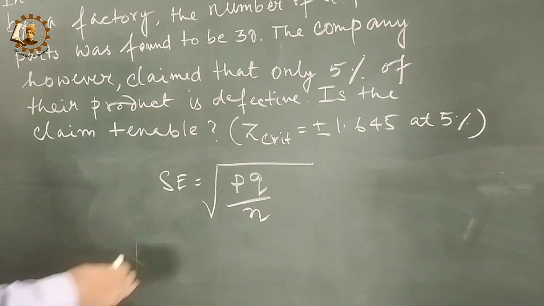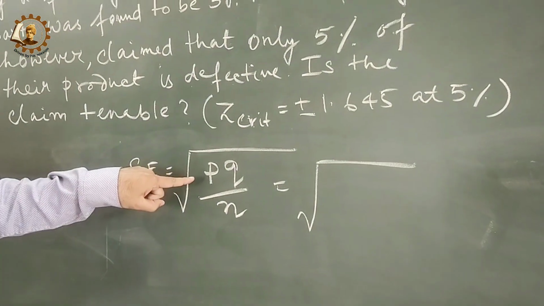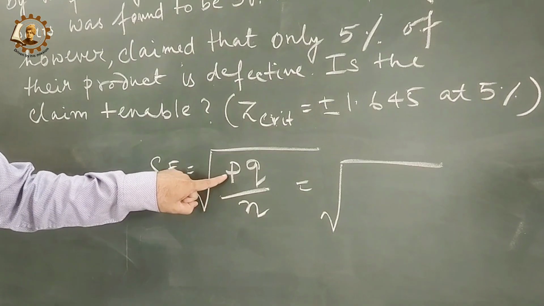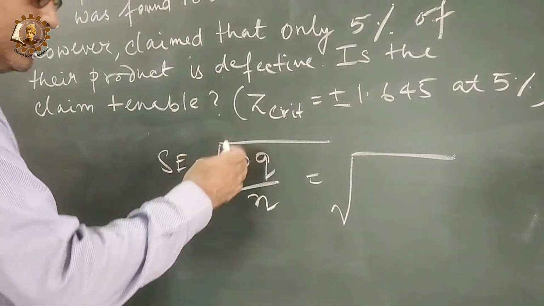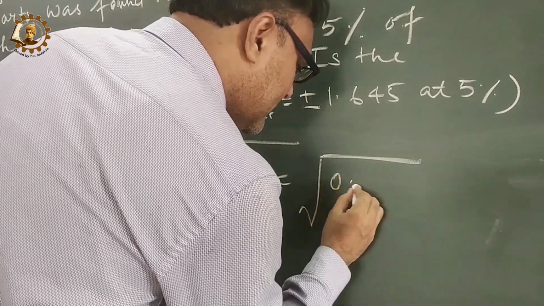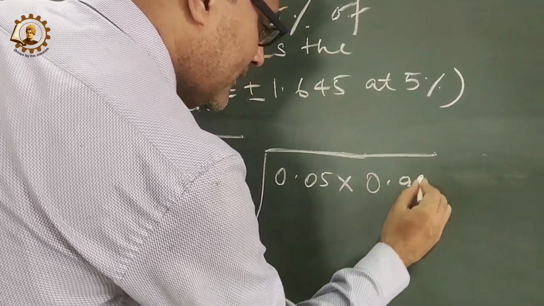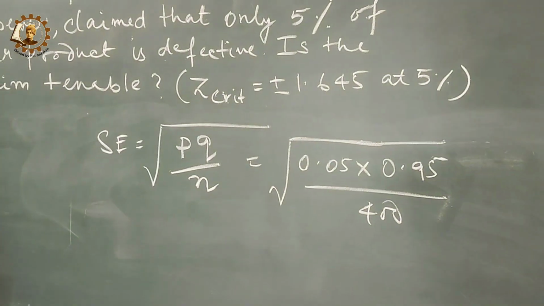Then if we calculate, this P is the expected P and this Q is the expected Q. What is this P? This is the proportion of failure and this is the proportion of success, and P plus Q is always 1. So we write here 0.05 into 0.95, and here I have taken 400 sample.